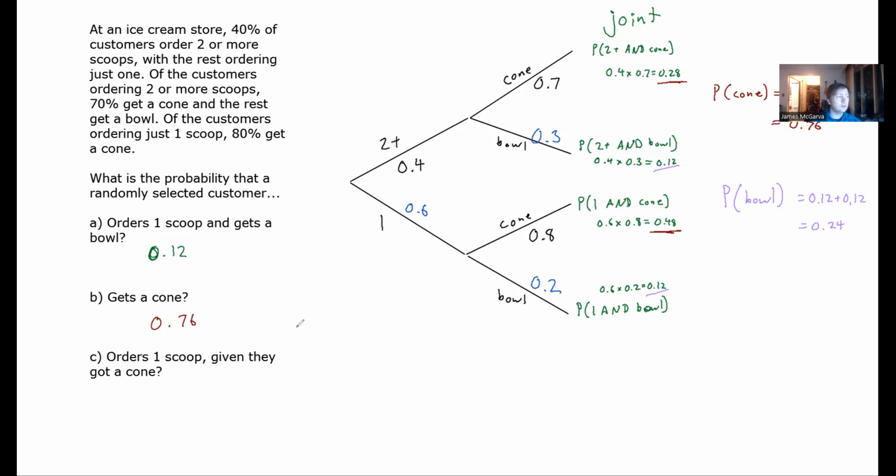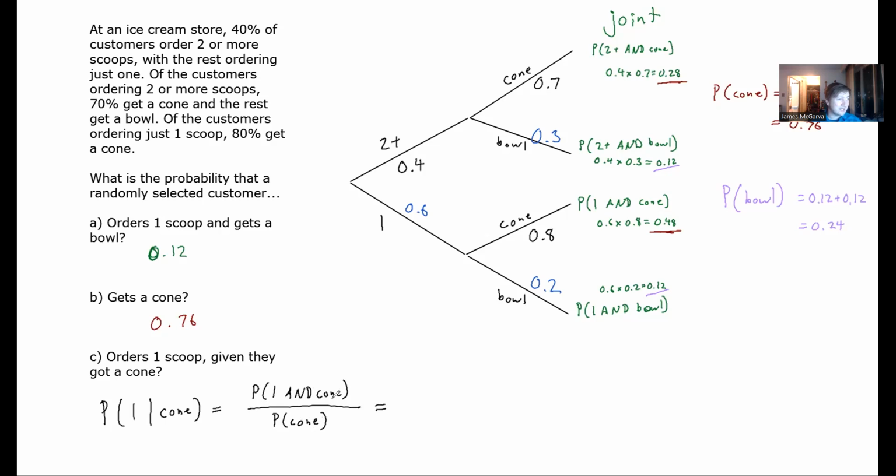So the last thing we need is the probability that someone orders one scoop given they got a cone. Our basic probability formulas tell us that by using the conditional probability formula, this becomes the probability that someone ordered one scoop and bought a cone, divided by the probability that they bought a cone. That's what our formula says.